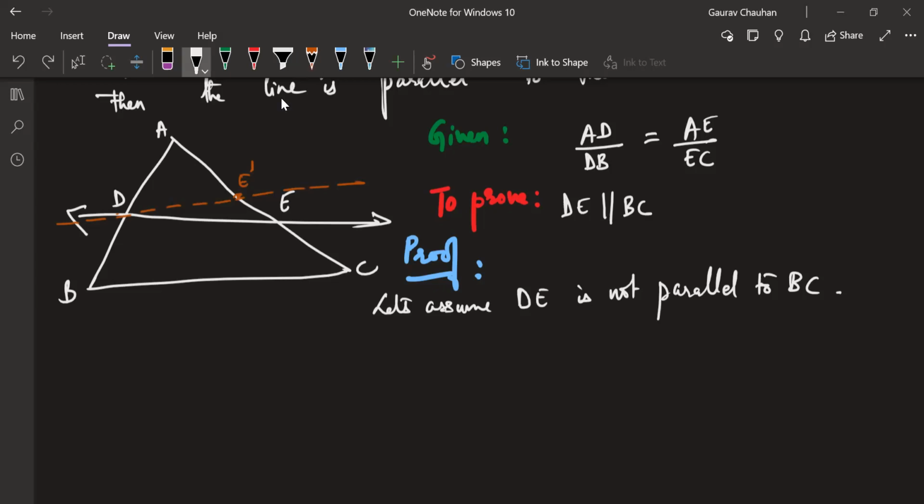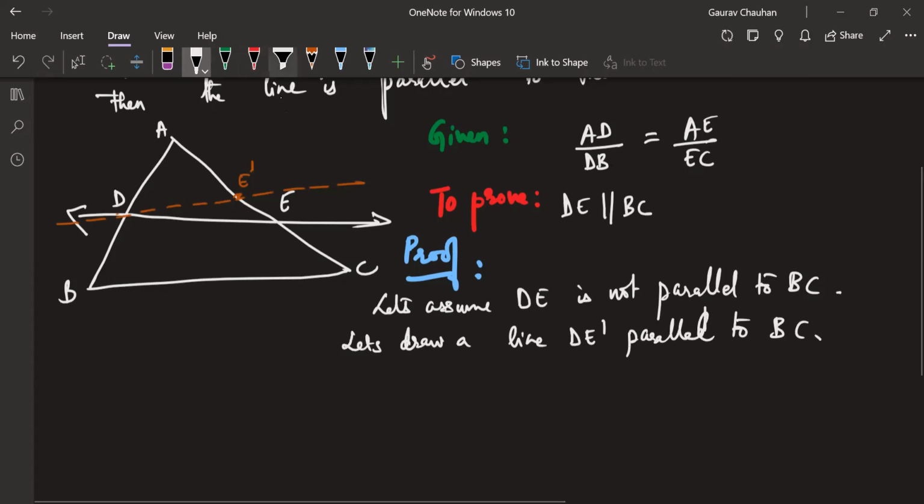So this is my next thing. If I'm assuming that DE is not parallel to BC, then let's draw a line DE dash which is parallel to BC. I have drawn that in the red color.